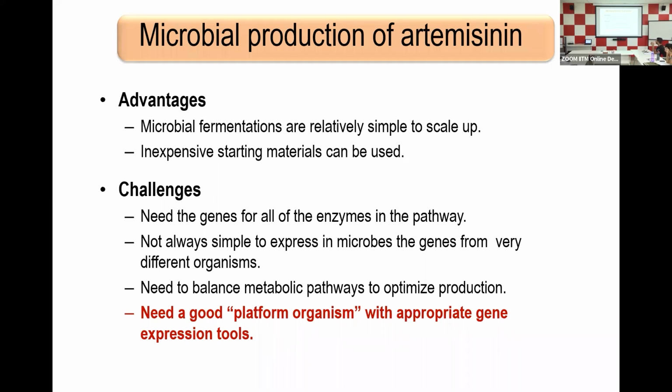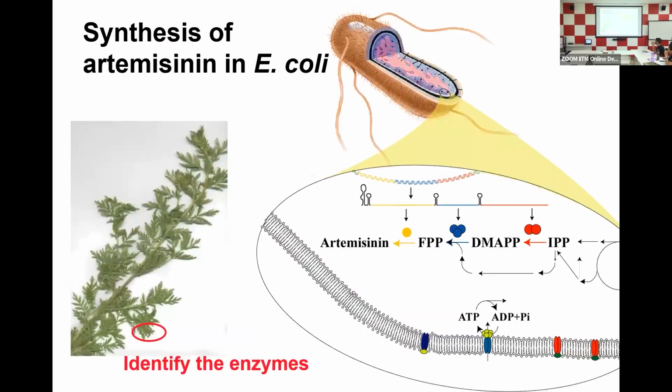Obviously, you have to make sure that the genes of all the enzymes in the pathway work. Sometimes expression of eukaryotic genes in bacteria doesn't work very well. You also need to balance the expression of the different parts of the metabolic pathway for optimizing production. And you need a good platform organism, in this case E. coli, with all types of tools for doing that.